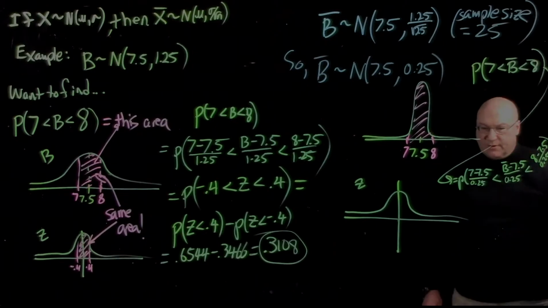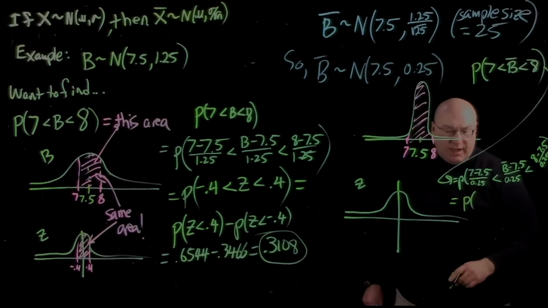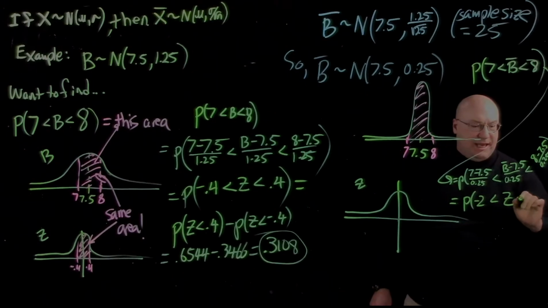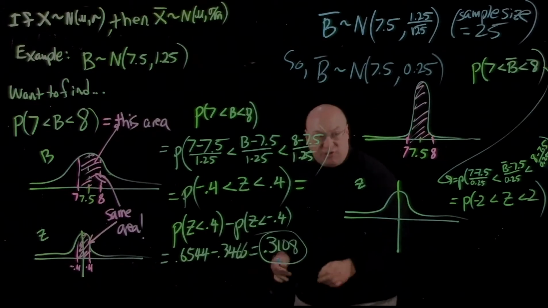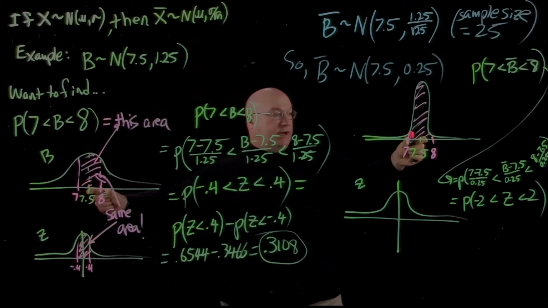Apologize for scrunching it. But if you work all this through, it's negative 2 less than z less than 2.